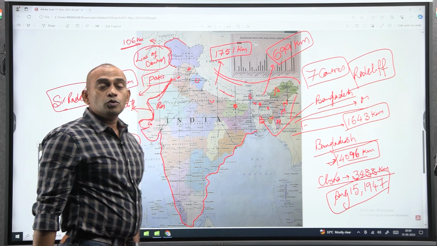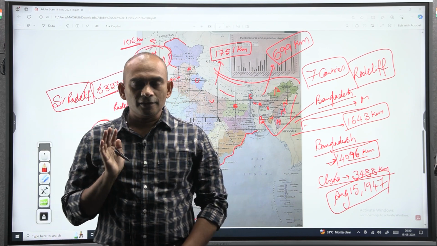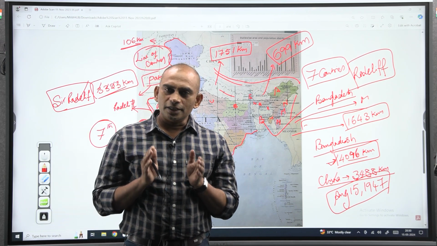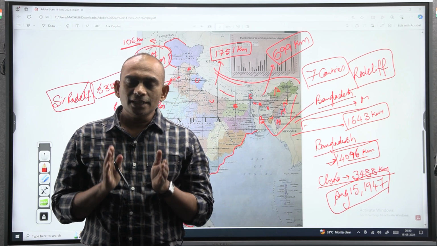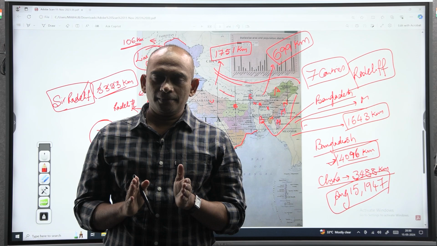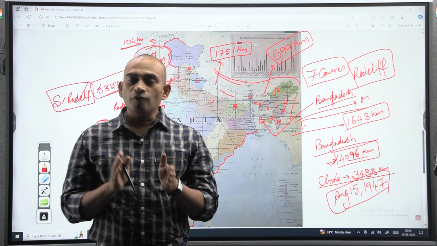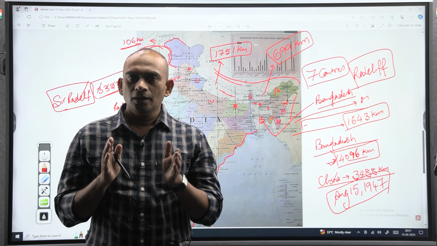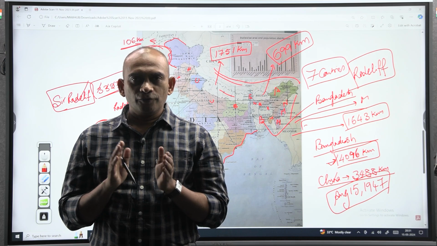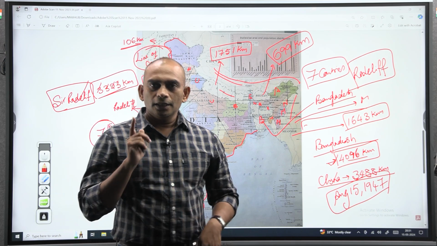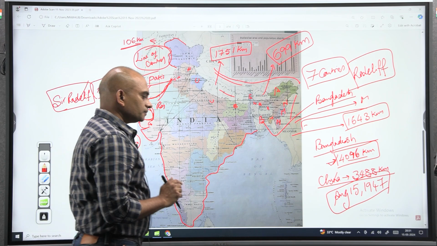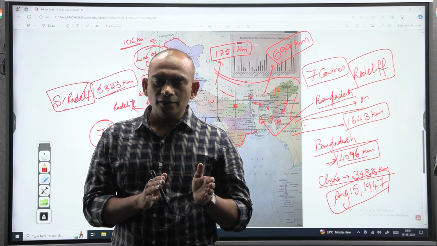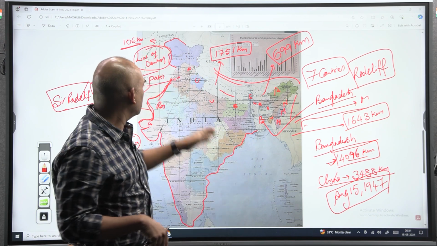So why do we call this particular sector the line of control? It was in the year 1947. We got independence on 15th August, but in the month of October, a few weeks after independence, Pakistan, along with local tribes, started invading this territory.